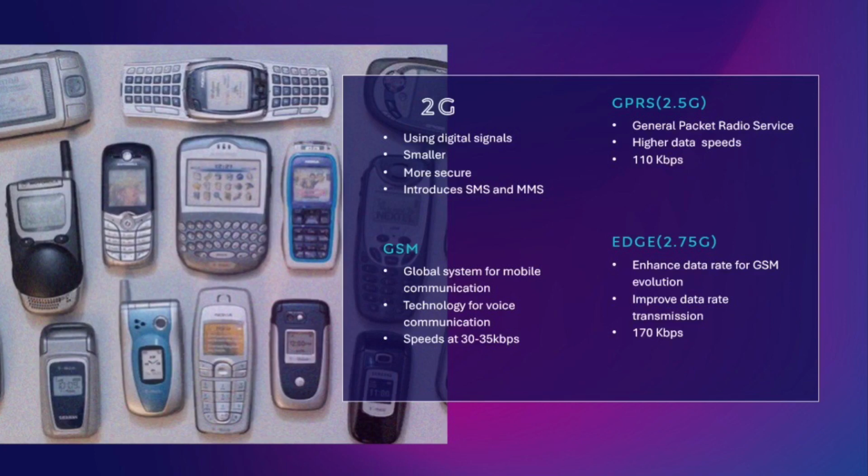GPRS operated on the similar 2G technology as GSM, with a few refinements which gave it higher data speed at 110 kilobit per second, but actually it's still slow, right? Then came new technology, 2.75G called EDGE, short for Enhanced Data Rate for GSM Evolution. In EDGE technology, the data transmission rate has improved, which is 170 kilobit per second.